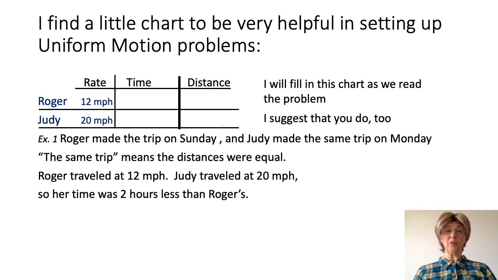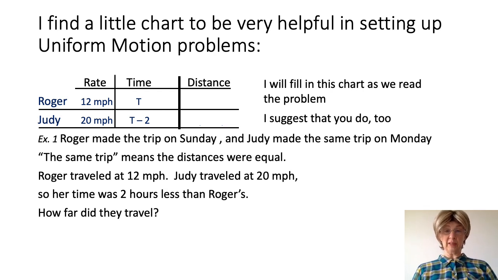This is where you want to choose your variable carefully. If you make Roger's time t, then Judy's time can be t minus 2, 2 hours less than Roger's. And the question in the problem is, how far did they travel? Well, we can now fill in the distances.